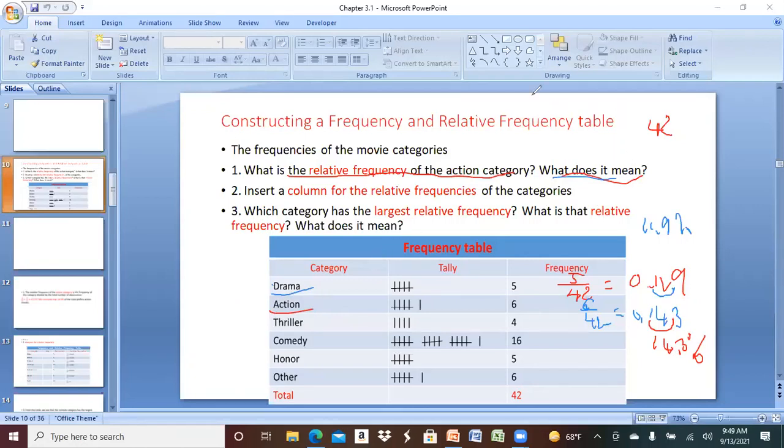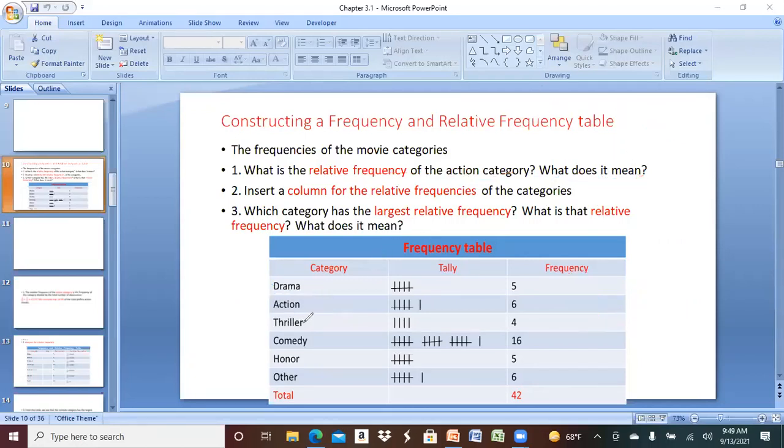Okay. And then for Thriller, that is 4 divided by 42. It's 0.095. This means there are 9.5% of students who prefer thriller movies.